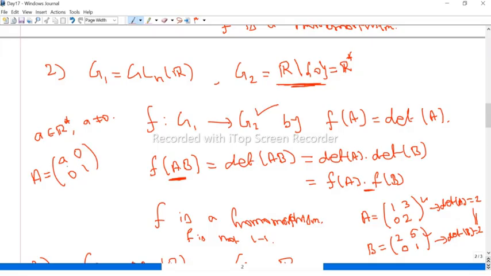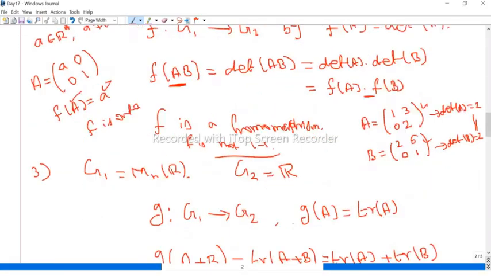It is the product of the diagonals, therefore A into 1 is A. Therefore F of A is nothing but the determinant of A, which is A. Therefore given any non-zero element, we can find a matrix. Therefore F is onto. F is onto, F is a homomorphism, but yet F is not 1-1. Therefore this F is not an isomorphism. Okay.